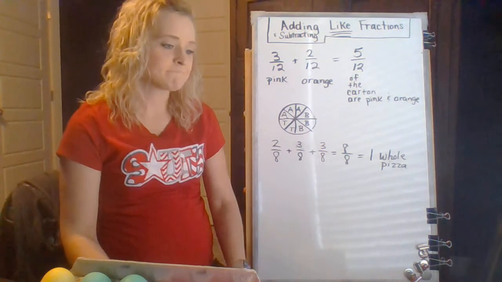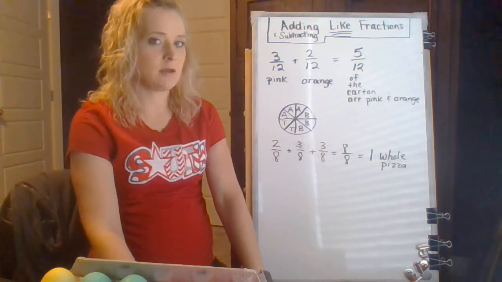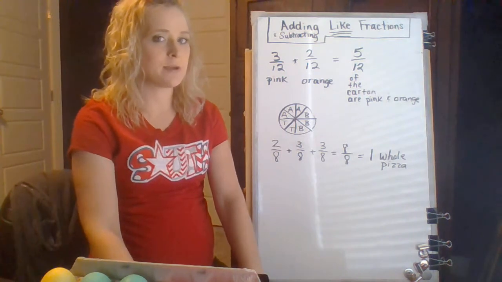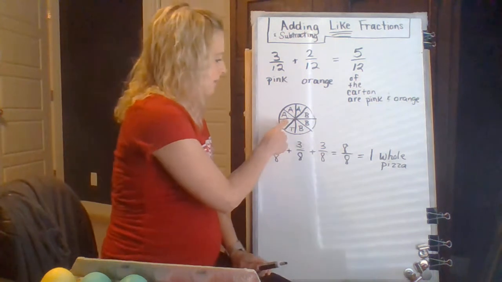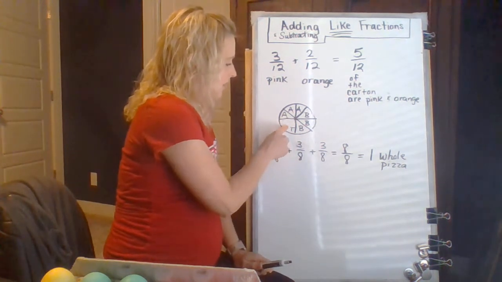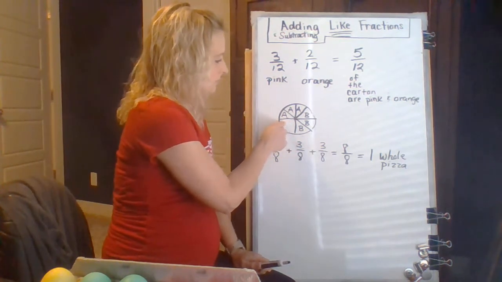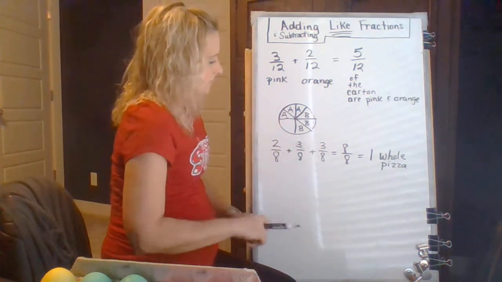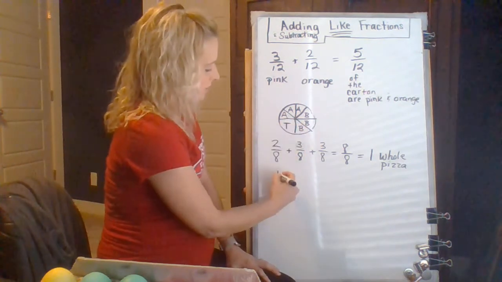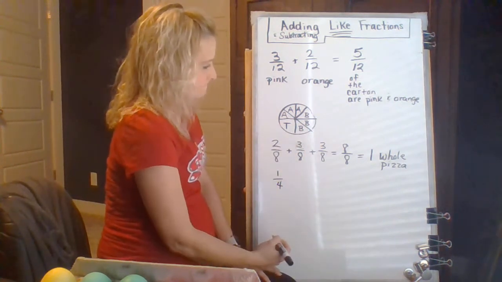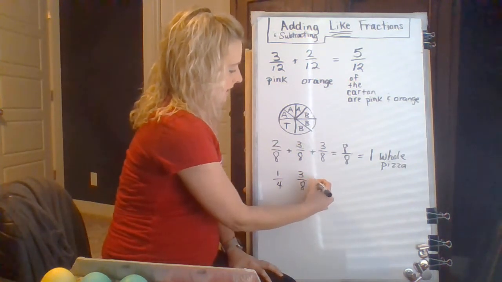Let me just put this out here because this is what you're going to be encountering in 5th grade. What happens when your denominators are not the same? Let's say that we didn't cut this pizza into equal parts. Let's say Tabitha ate 1/4 of the pizza, and Asher and Brandon ate 3/8 of the pizza.